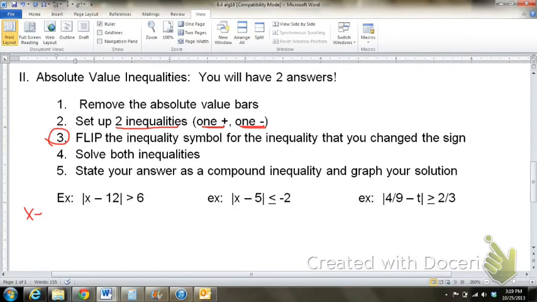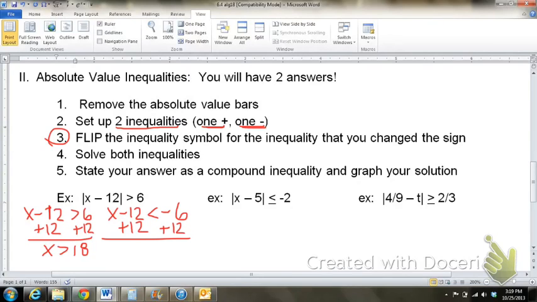I'll do x minus 12 is greater than 6, and x minus 12, flip my symbol for the negative one. Okay? So now I solve this. Plus 12, I get x is greater than 18, plus 12, x is less than 6.